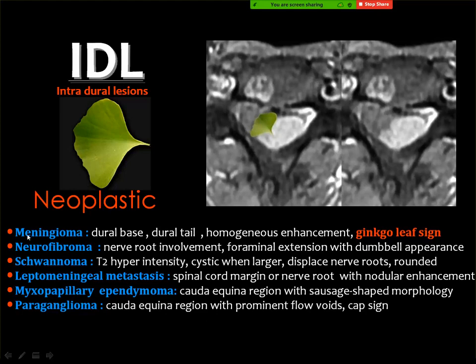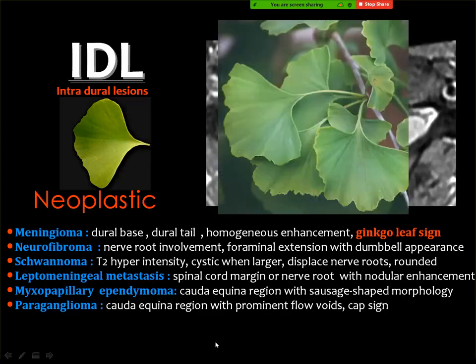You know that the two most common intradural lesions are the meningioma and the neurofibroma, and also the schwannoma. Sometimes you get leptomeningeal metastasis if the patient is known to have a primary malignancy, and if the lesion is attached to the conus, you may think of myxopapillary ependymoma, and also paraganglioma.